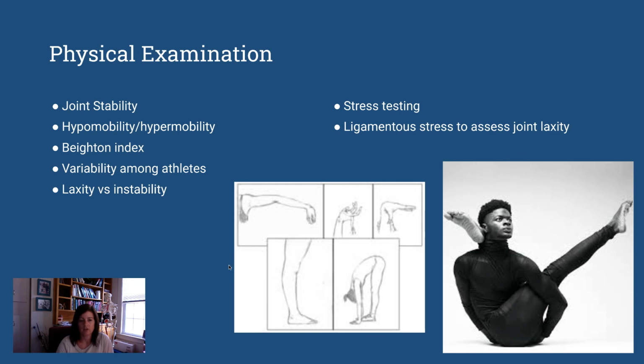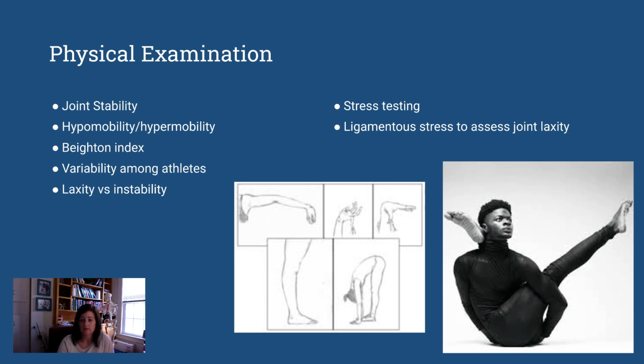So hyperextension at the elbows and the knees is certainly indicative of increased joint laxity. Doesn't always mean instability, but at least more lax than normal. And we know, some people train like that. And just because they have increased laxity doesn't always mean that they are unstable at that joint.